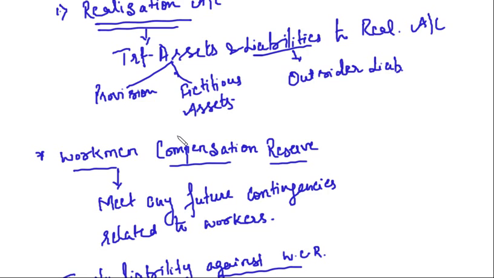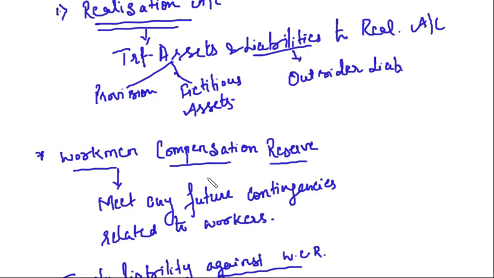Clear? And then the liabilities, outsider liabilities, we will be paying first according to section 48 of Indian Partnership Act 1932. Now friends, if we talk of realization account, we transfer the assets and liabilities to realization account before their sale. Before the assets are sold, we transfer them to realization account.